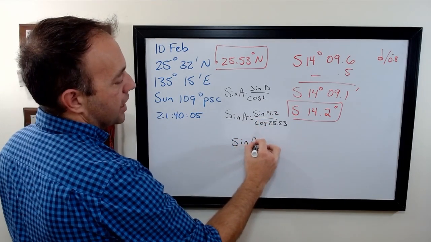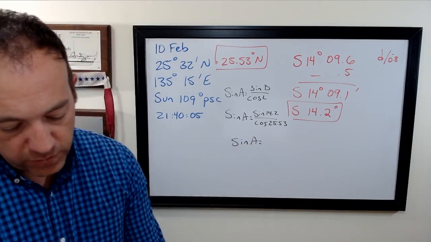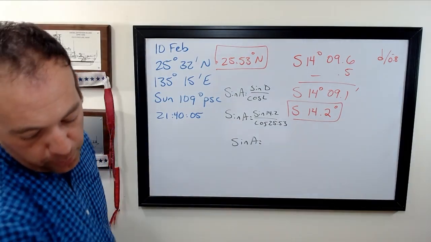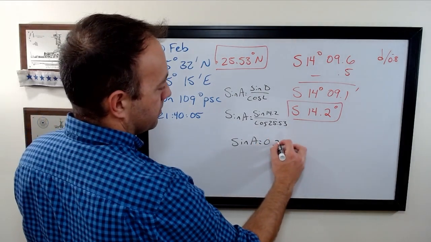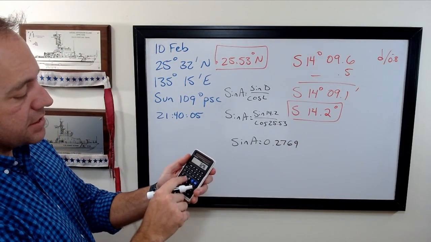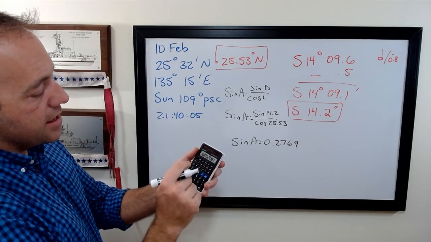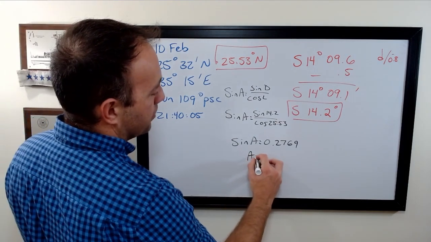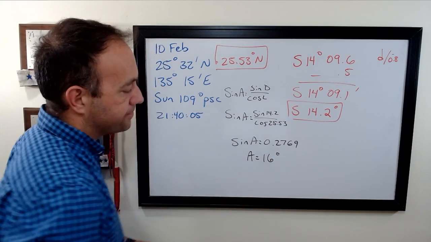Rather than watch me type numbers into the computer, I came up with 0.2769 earlier. So we'll go 0.2769 shift sine to get our value of 16 degrees. So amplitude is 16 degrees.